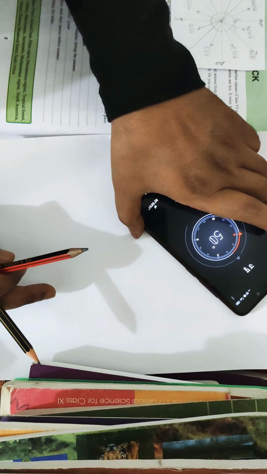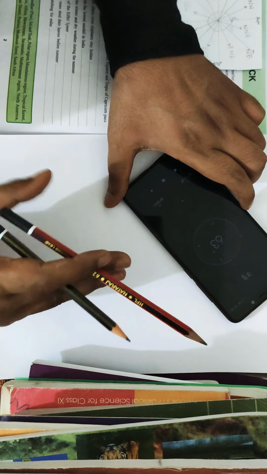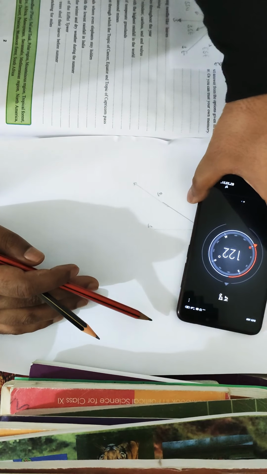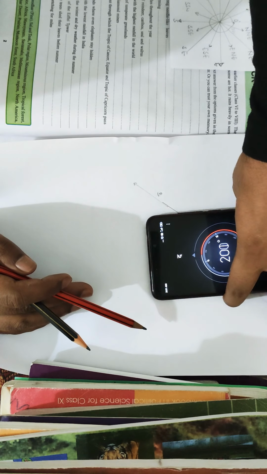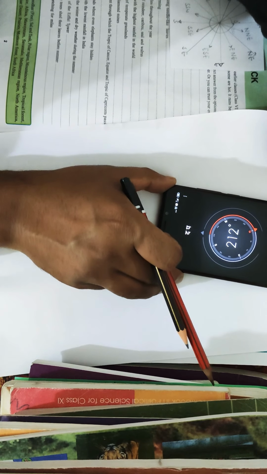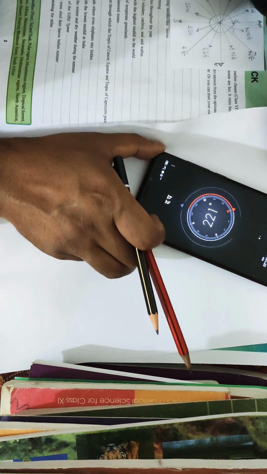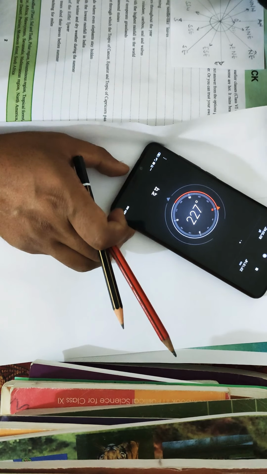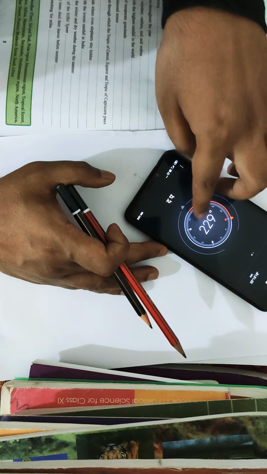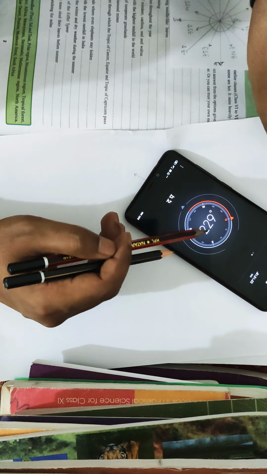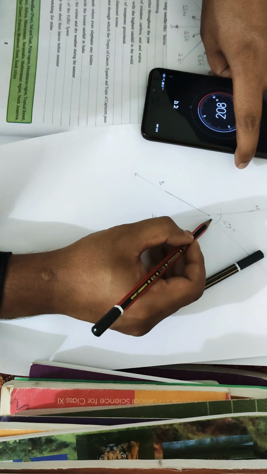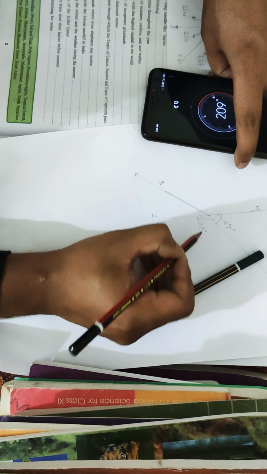I am rotating and trying to bring this point to this side, keeping north constant. Now see, north is here, this point meets with this point. Here we get 229 degree. So this is 229 degree.